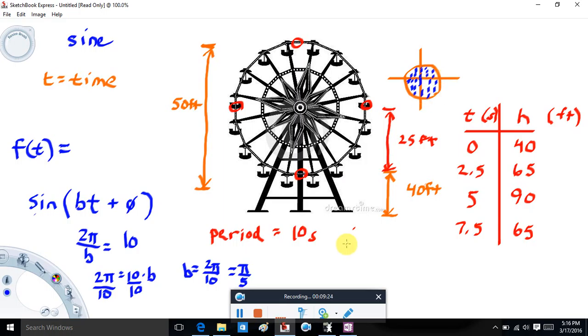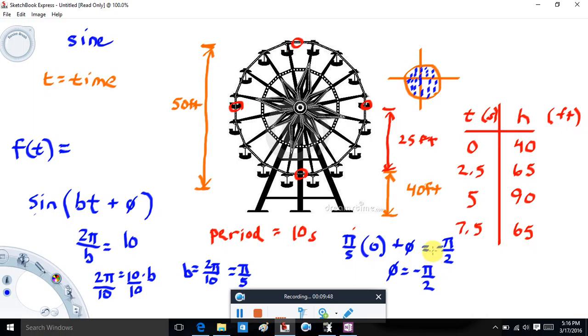So if we plug in 0, we get pi over 5 times 0 plus phi equals negative pi over 2. Okay, solving for phi, we get phi equals negative pi over 2.